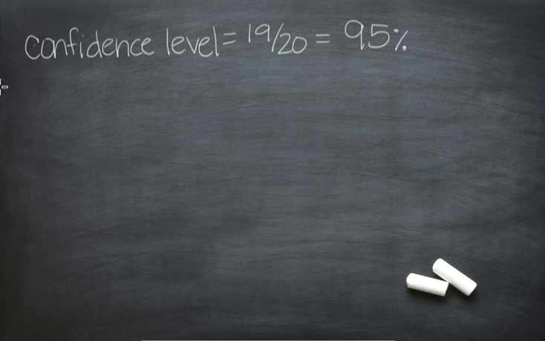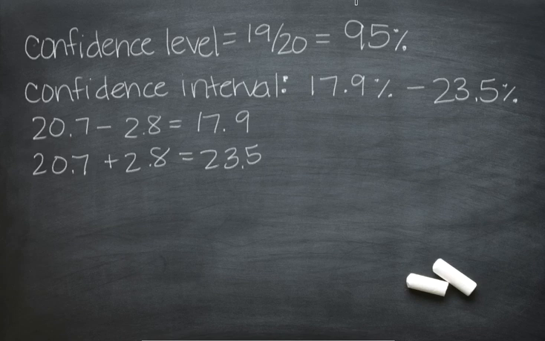Next, we want to go for our confidence interval. So our confidence interval is taking the average that they've given us and then adding and subtracting the margin of error. So we're using 20.7, and the margin of error was give or take 2.8%.